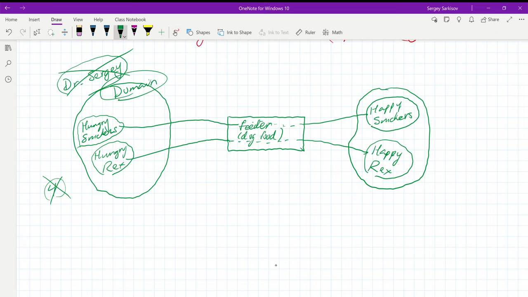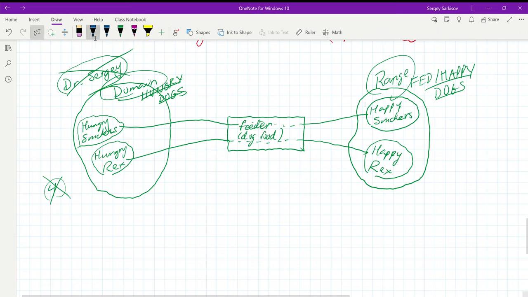So we're talking about hungry dogs right here, the domain of hungry dogs. And what is this? It's basically fed or happy dogs, and what is that called? Anyone remember? It is called the range. Remember, range. That's the outputs that you can get. Okay, that's it.